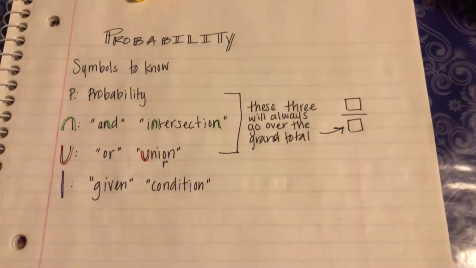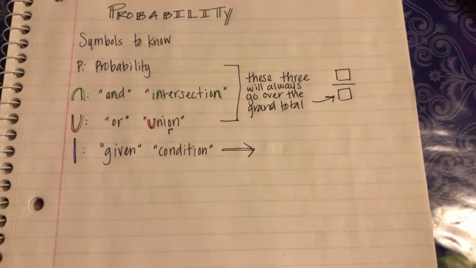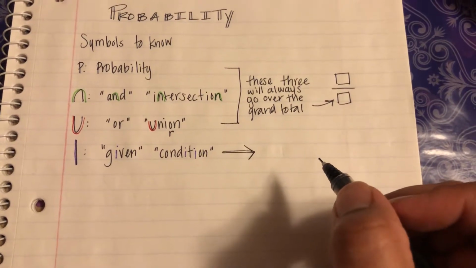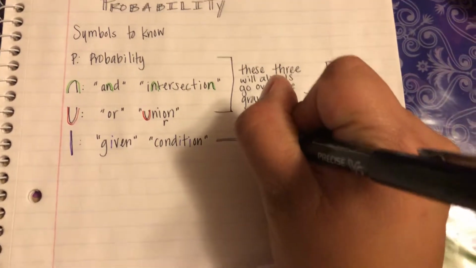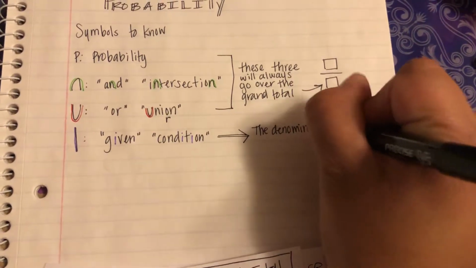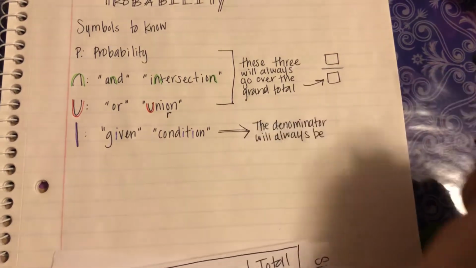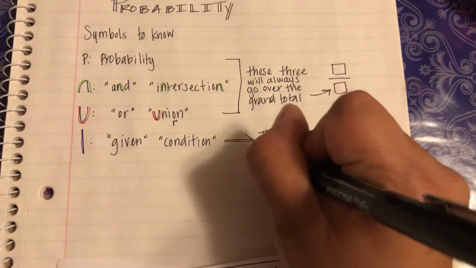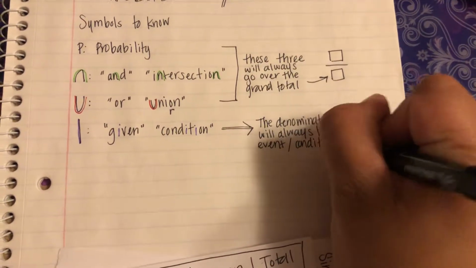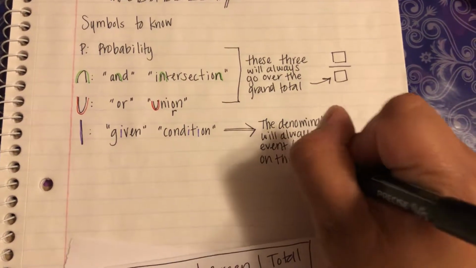Okay, so what about this last one? The one that says given. This one is unique in that the denominator will always be the event or condition on the right. Okay, so the denominator is the event or condition on the right.